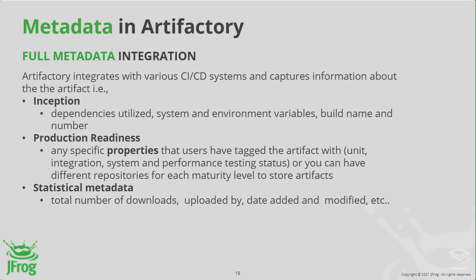We will see all of that in the demo. We can also add properties to mark the maturity level, production readiness, as you've seen in the previous slide. And of course, we can also have metadata that relates to statistics. How many times this artifact was downloaded, when was it added, who modified it, and so on. Basically, every type of data that you want to add on top of a binary could be added.